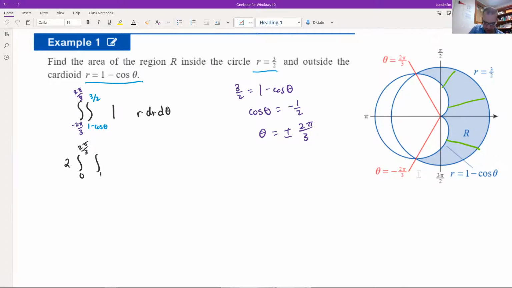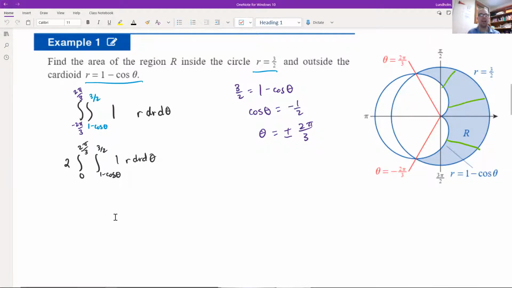And we still are working from the same functions here. And then r dr d theta. Yeah, we could do that. Those integrals would be the same.